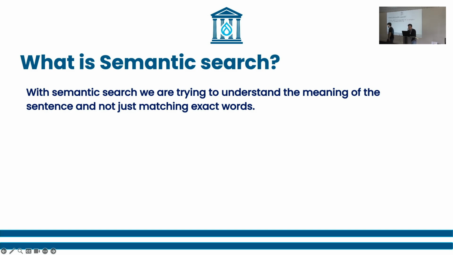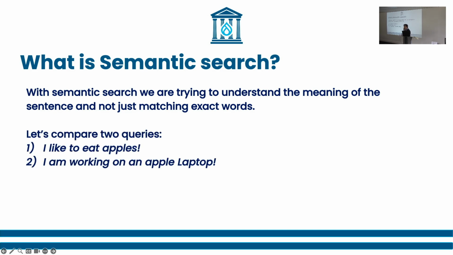So what is semantic search in this case? With semantic search, we are trying to understand, as I said before, the meaning of the sentence, and not just match the exact words as we did before. One really nice example that I always like to give is to compare two queries: "I like to eat apples" and "I'm working on an Apple laptop." In the first context, we know as humans that the apple is, of course, the fruit, the red fruit, and all the words related to the first sentence will be close to apple: fruit, red, green, trees.